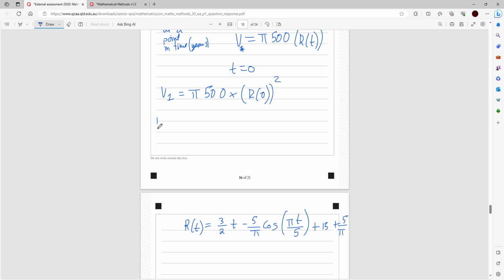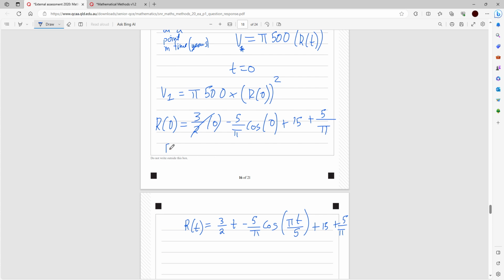So R of 0 is going to be 3 on 2 times 0 minus 5 on pi cos of 0 plus 15 plus 5 on pi. And we can see that goes to 0. Now we don't know what this number is, that's what we're working out.